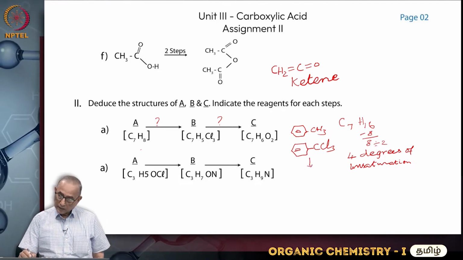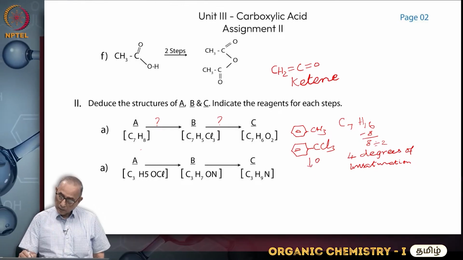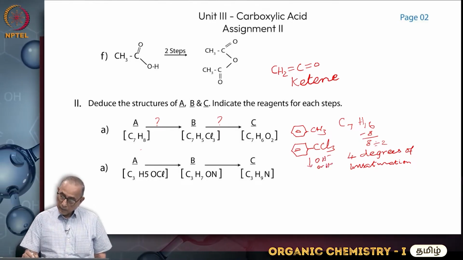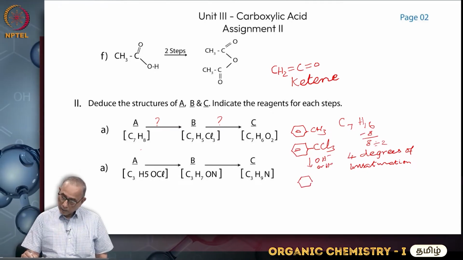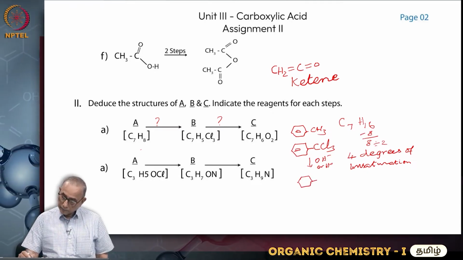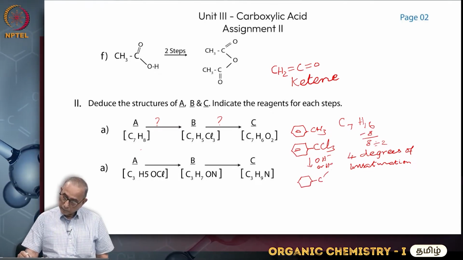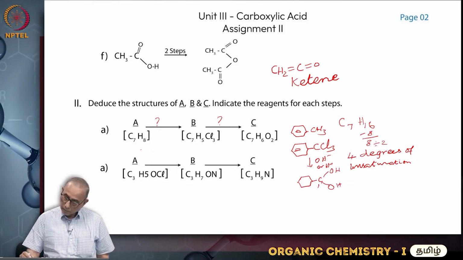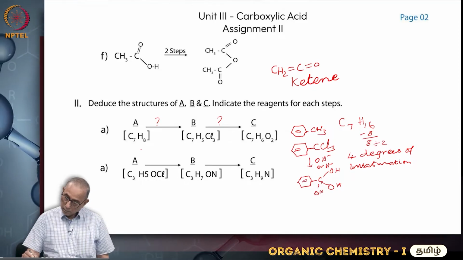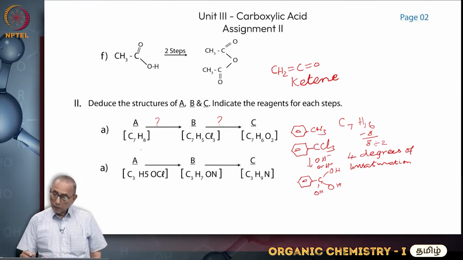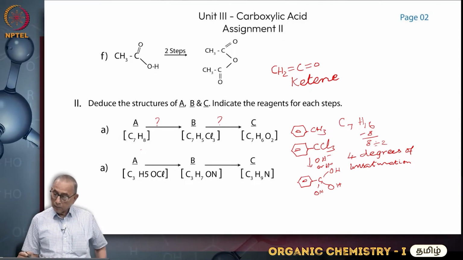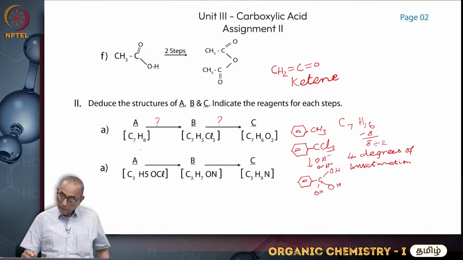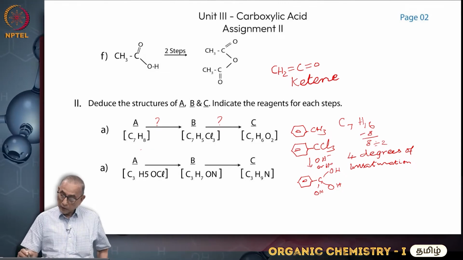If you hydrolyze this with OH minus or H plus, you will form, as I said before, this with 2 hydroxyl groups, which will eliminate water to form C=O. So this will be phenyl COOH, benzoic acid.